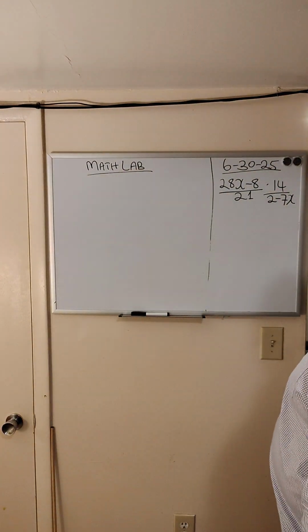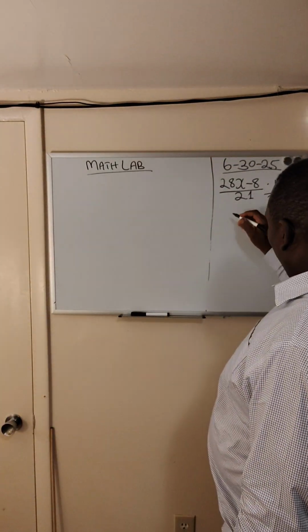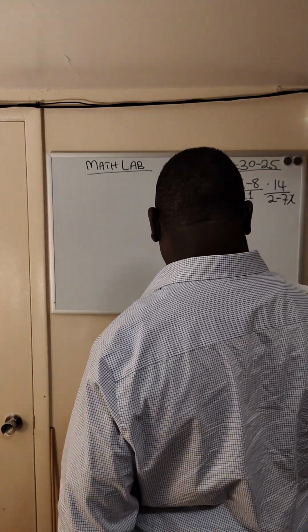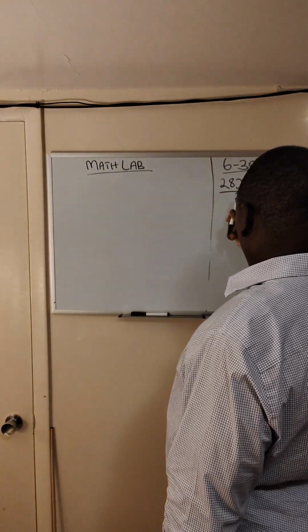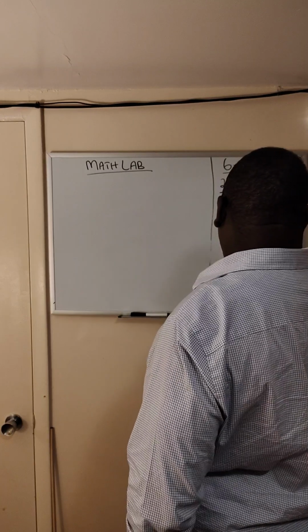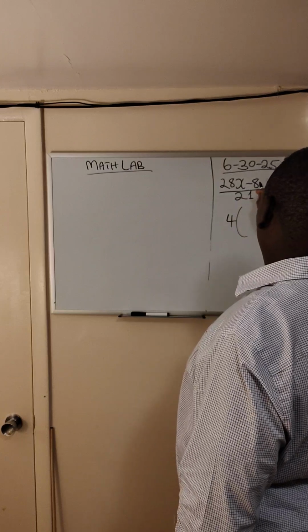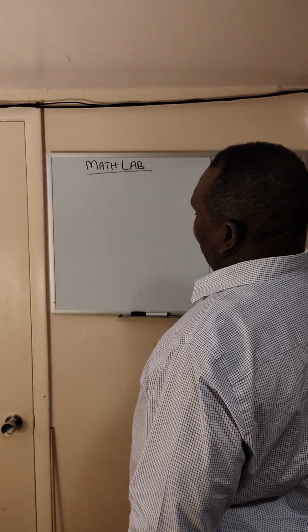We know that 7 goes here 3 times, and 7 goes here 4 times. So we're going to put 4, but put a bracket. That 4 will have to be negative because we have a minus here and we need to take care of x.